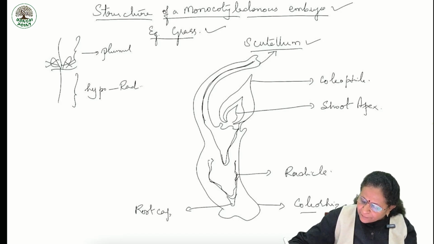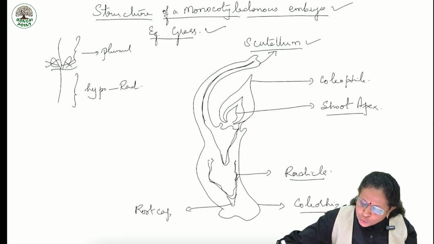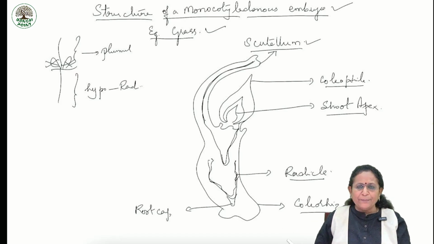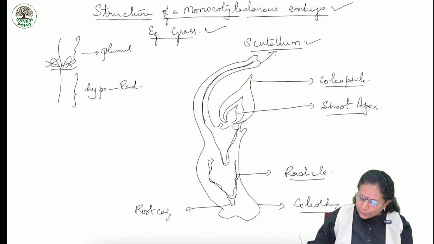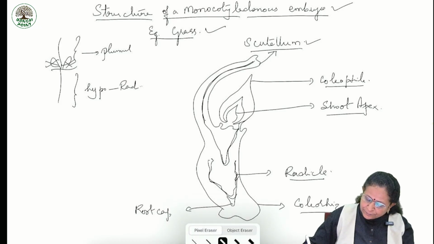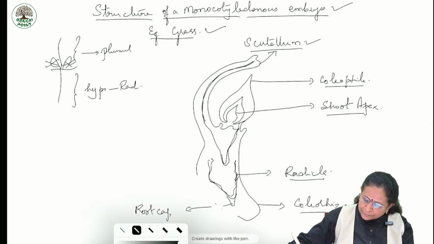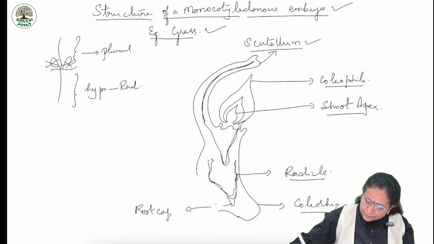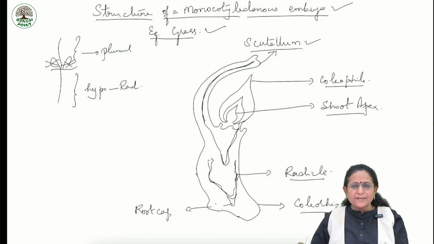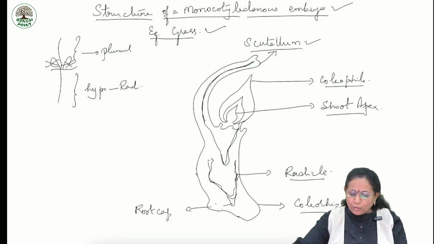This radicle is covered by coleorhiza, shoot apex is covered by coleoptile. This is the single scutellum. Is it clear? This is the diagram of a monocotyledonous embryo.